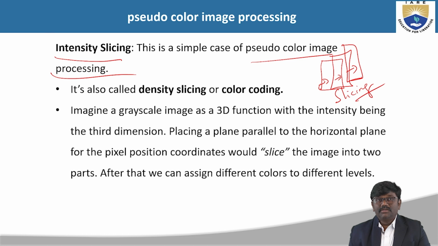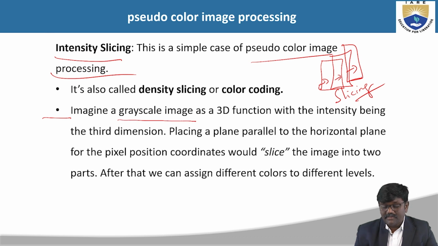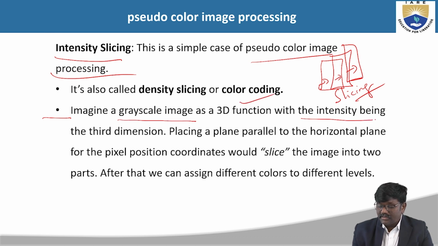Whatever your image is, right now you can imagine grayscale images as 3D functions with the intensity being the third dimension, that is 3D image processing. Placing a plane parallel to the horizontal plane for the pixel position coordinates would slice the image into two parts.